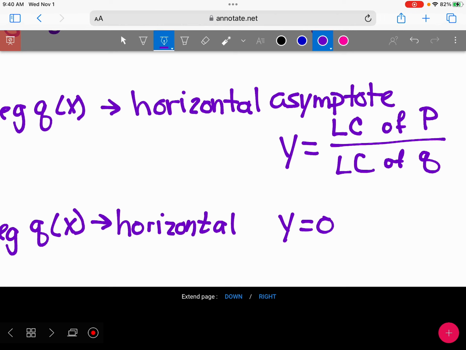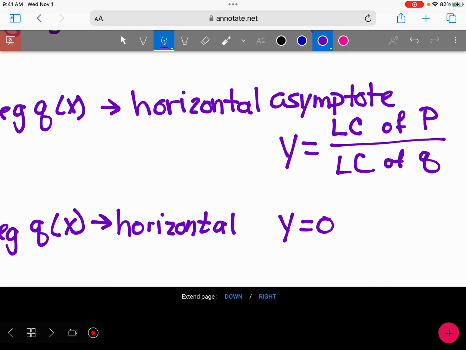So if we have more x's on the bottom than we have at the top, we have y equals 0. If they're exactly equal, we're going to have it at a different number. And if it's at the top, we're going to have a line.